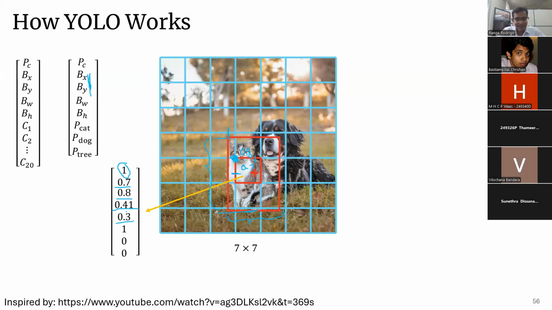Then in the ground truth, this is the cat class, so the cat probability is 1, others are 0. That's the ground truth vector for that cell. For each of the cells, this kind of vector will be there. I hope that's clear to you.